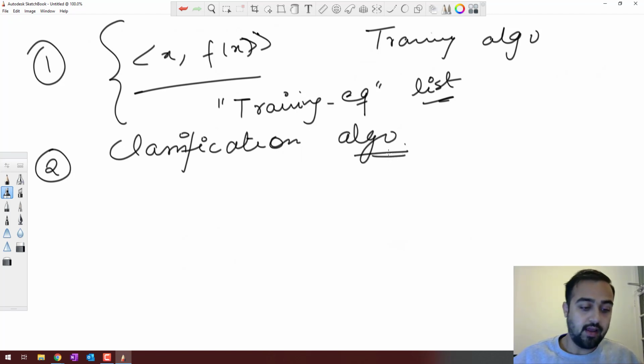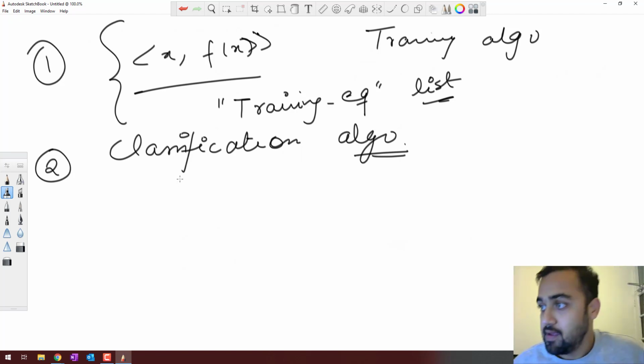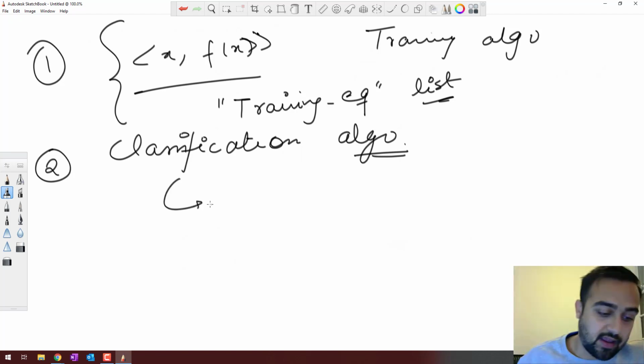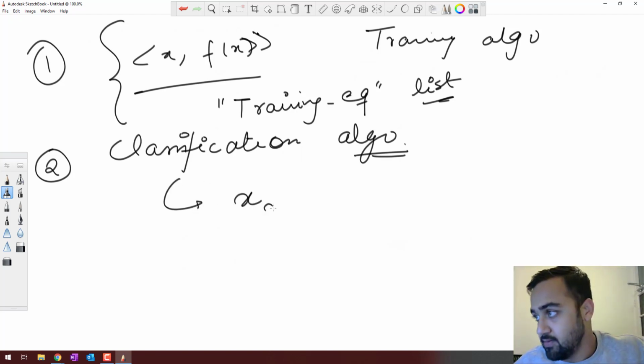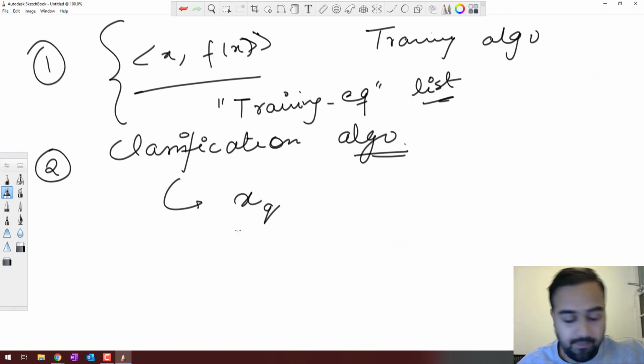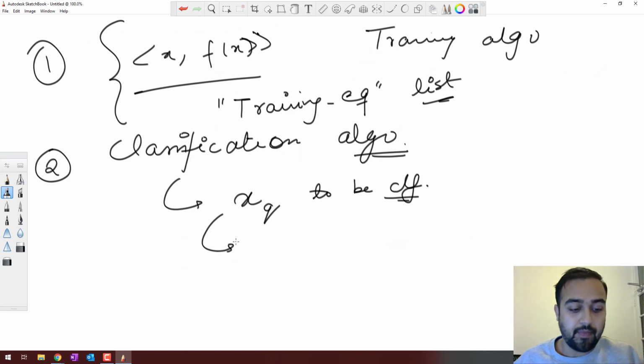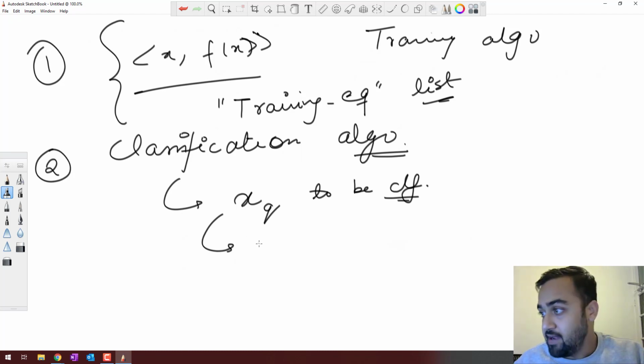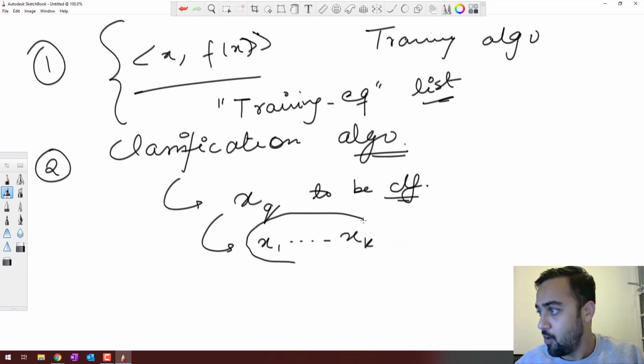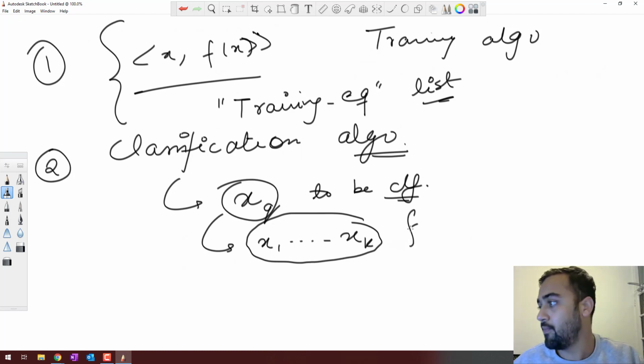In the classification algorithm, given a query instance xq, that is a new sample that is introduced to the classifier, and we want this xq to be classified, we find out x1 till xk, the nearest neighbors to this value xq from this list.